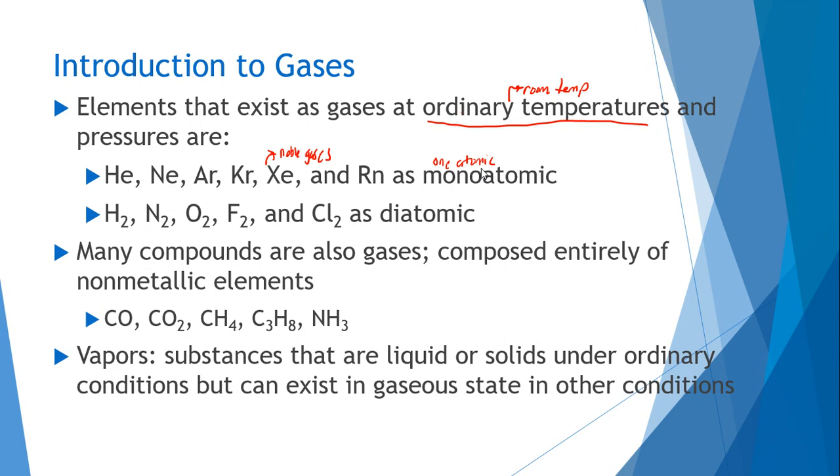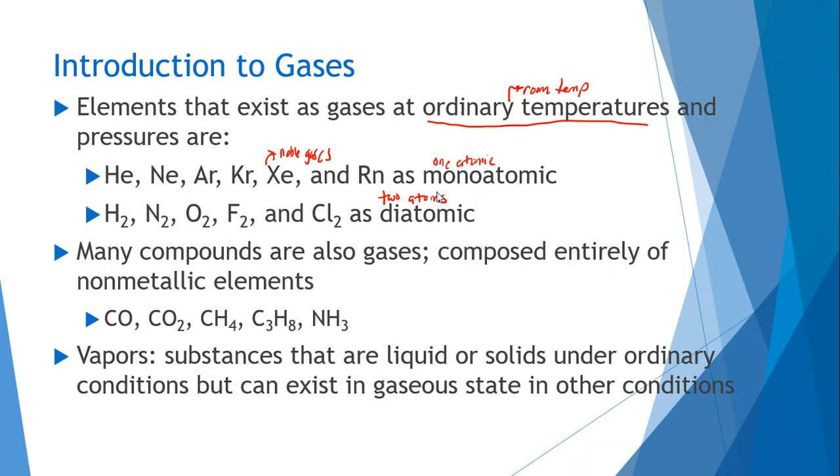Other elements on the periodic table that are gases at room temp are going to be things like hydrogen, nitrogen, oxygen, fluorine, and chlorine. These are said to exist in a state called diatomic. Di means two, atomic means atoms. So these are going to be things that are reactive, so they either want to bond to themselves, like we see here, or they do bond with other elements to form compounds, because many compounds are also gases.